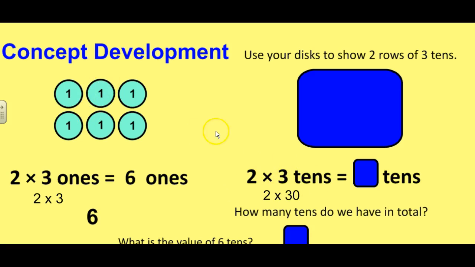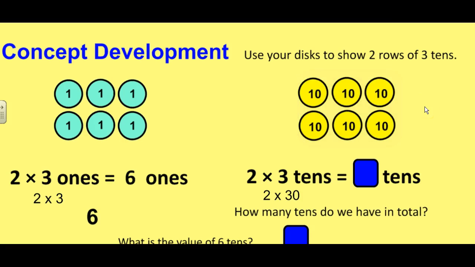So when you draw your array, instead of putting 1 in each circle, we're going to put tens, because we're looking for 2 sets of 3 tens. So go ahead and draw that array on your board and make sure you're writing 10 in each circle. And whenever you're ready to move on, you may push play.